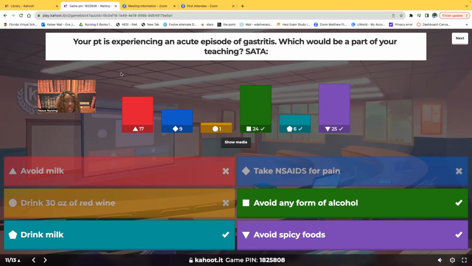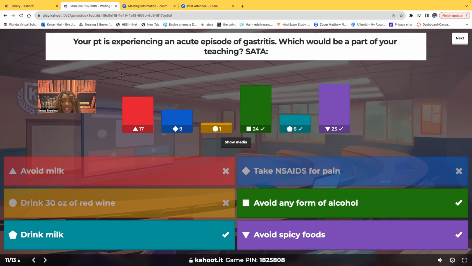Now let's talk about the wrong answer choices. We know why avoid milk was wrong, because we want them to drink milk. Let's talk about NSAIDs. Take NSAIDs for pain. The reason that's wrong is because NSAIDs are hard on the stomach. When a patient takes NSAIDs, that increases their risk of stomach ulcers. That's why you never give NSAIDs on an empty stomach.